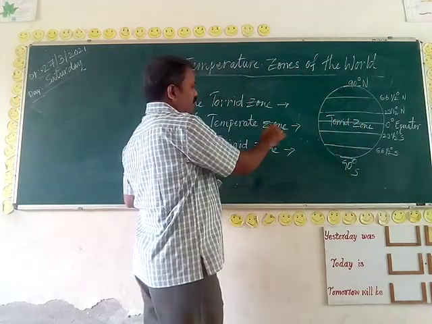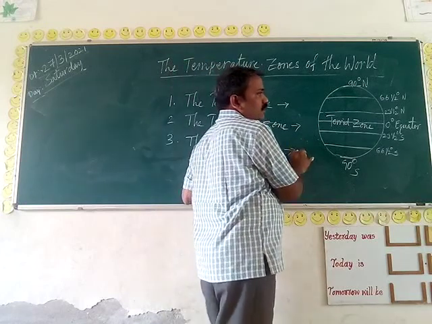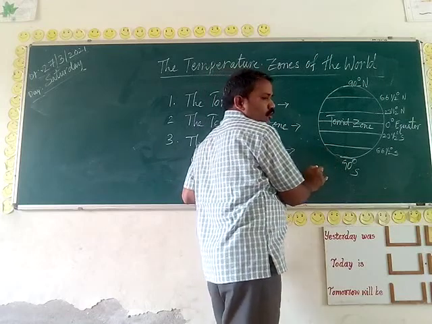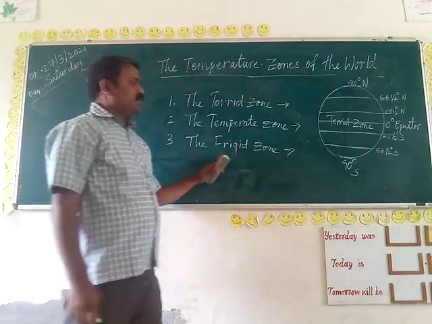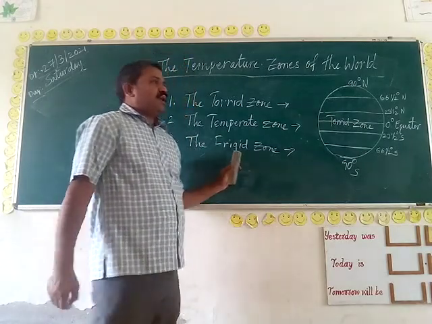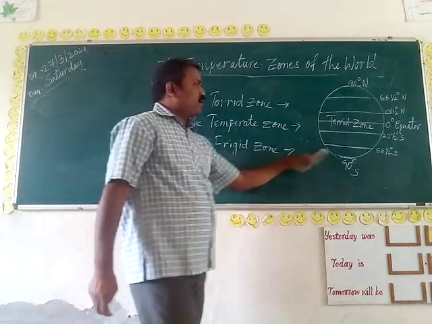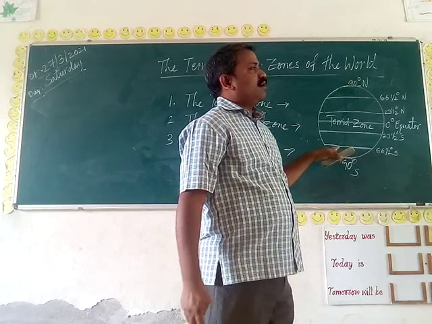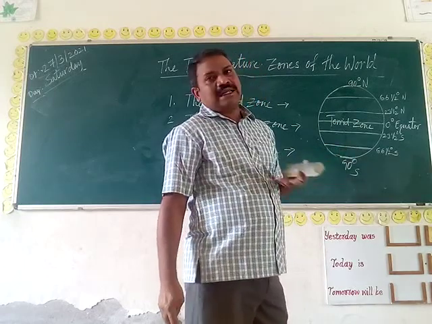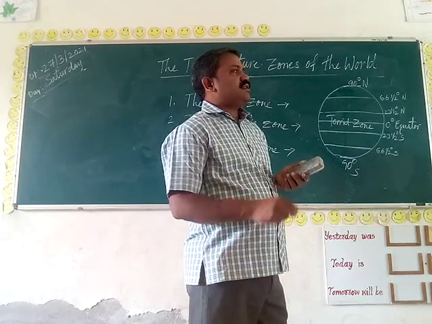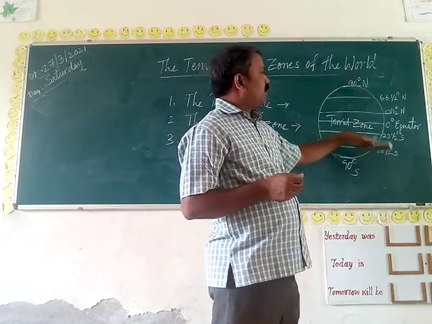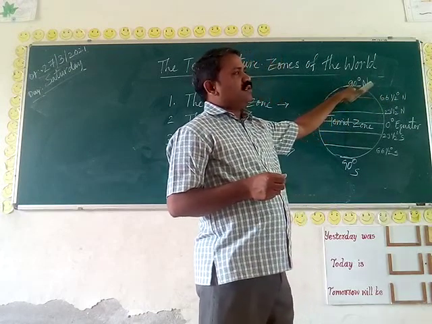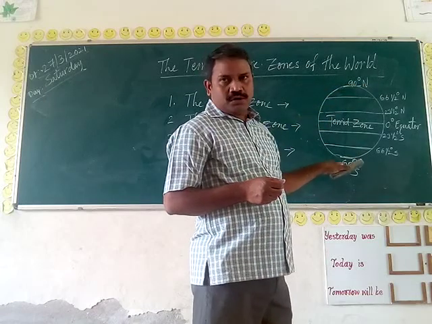Like the temperate zones, the frigid zones are also divided into two according to the location. Here in this frigid zone, the climate is very cold. Why? Because they are very far from the equator and get slanting rays of the sun, and it is very difficult to spread the sunlight to larger areas. Throughout the year, in this frigid zone, the climate is very cold.